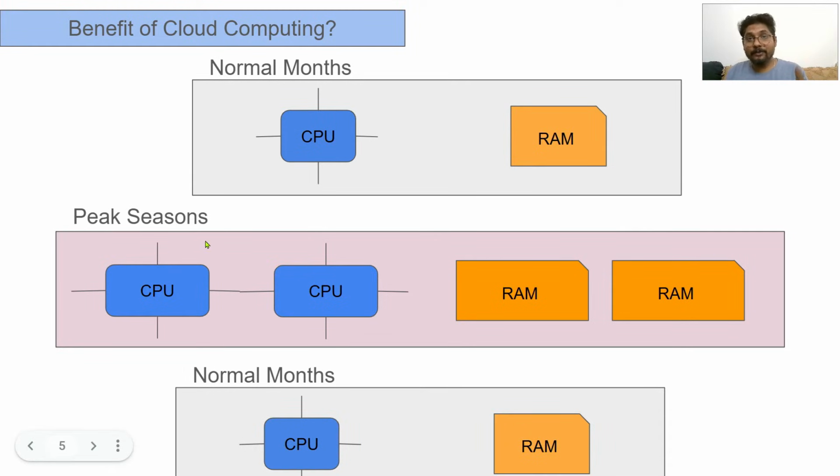When the peak season is over, I can again go to the portal and remove the extra CPU, extra RAM and go back to normal and I'll pay the normal amount. So you can always scale up or scale down based on your business demand with the help of cloud computing. So far, you got a bit of understanding around how cloud computing benefits.